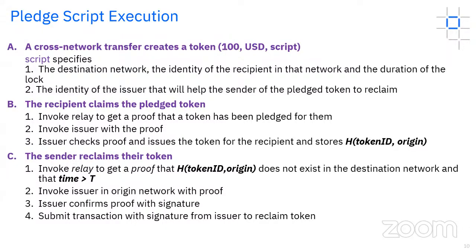So this is something that whoever is developing applications for this cross-network transfer does not really have to worry about, because it's taken care of by the token SDK. So we provide views that handle these application interactions. Whoever is developing applications that have something to do with cross-network transfer does not have to worry about this.